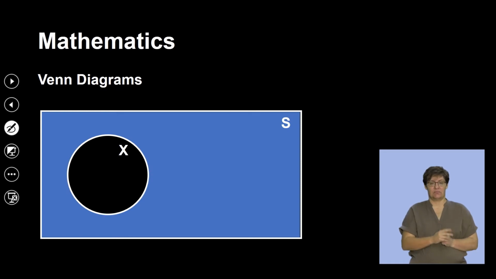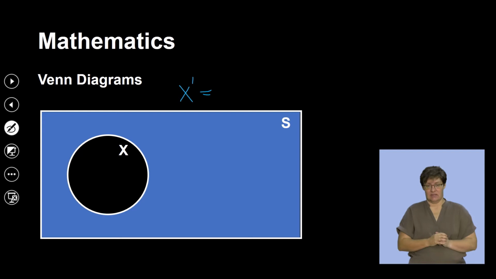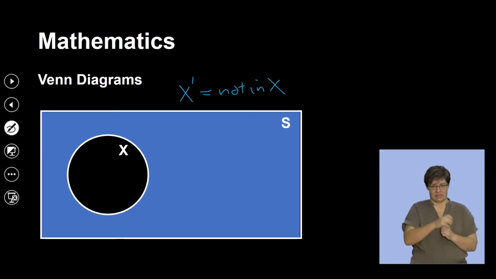The blue section represents all the elements of the sample space that are not in X. We can say that that is the complement of X. This is equal to not in X. The complement is very useful, and we can use it to solve many different problems using the complementary rule. So please make sure that you understand the complement.